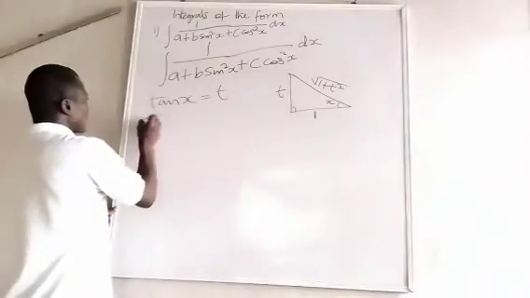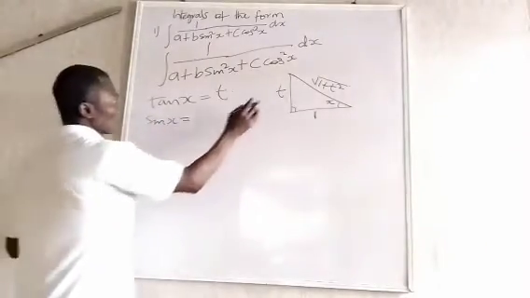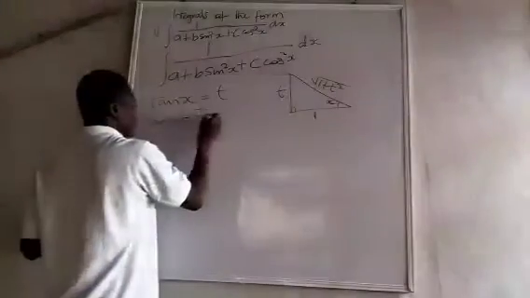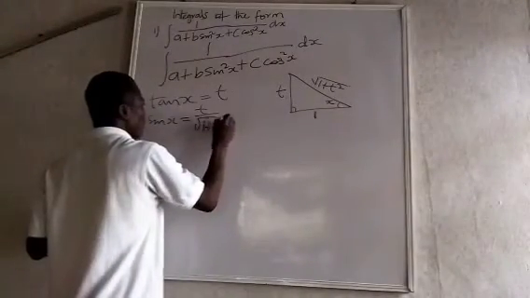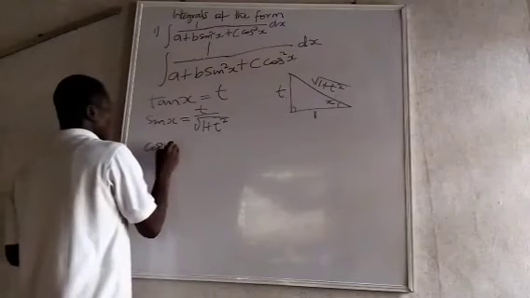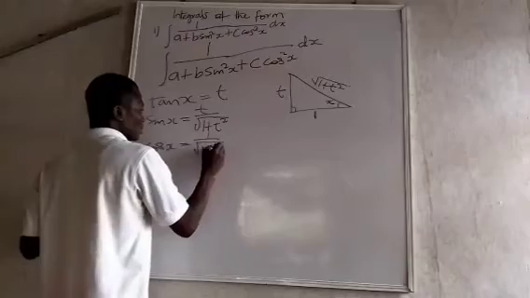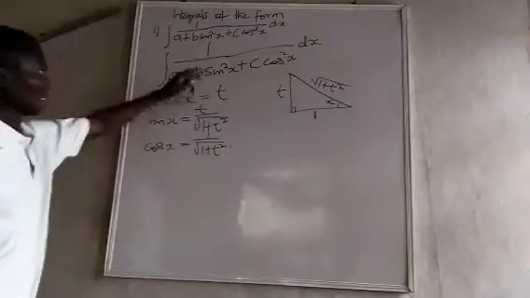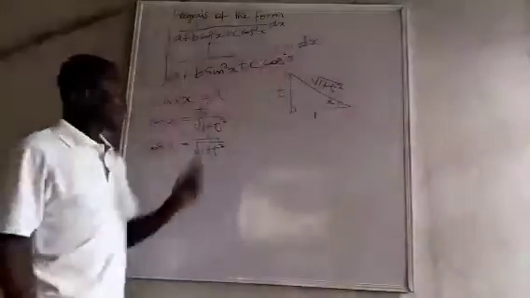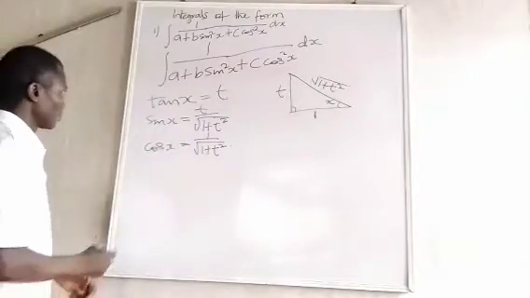Therefore, we can say that sin x will be equal to t over root of 1 plus t squared. Cos x will be equal to 1 over root of 1 plus t squared.